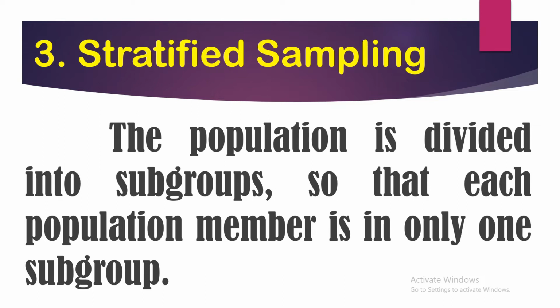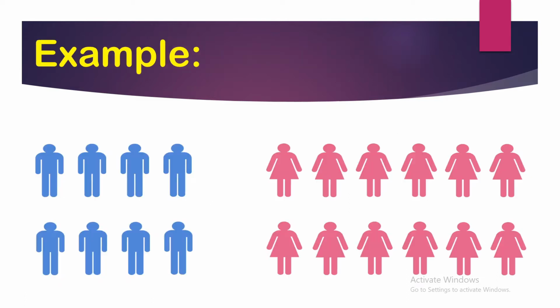So the samples should well represent each subgroup. Examples. We have here 8 males and 12 females in the population. So if you're going to select 5 samples from the population, we can have 2 from the set of males and 3 from the set of females.